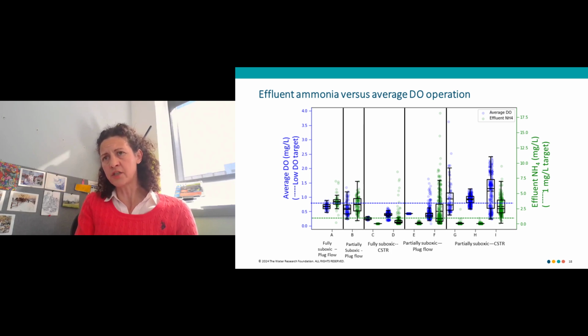low DO concentrations. And interestingly, also when you look at the high DO facilities, look, for example, at facility I, we know that we have facilities that operate at high DOs and still have difficulties with nitrification.